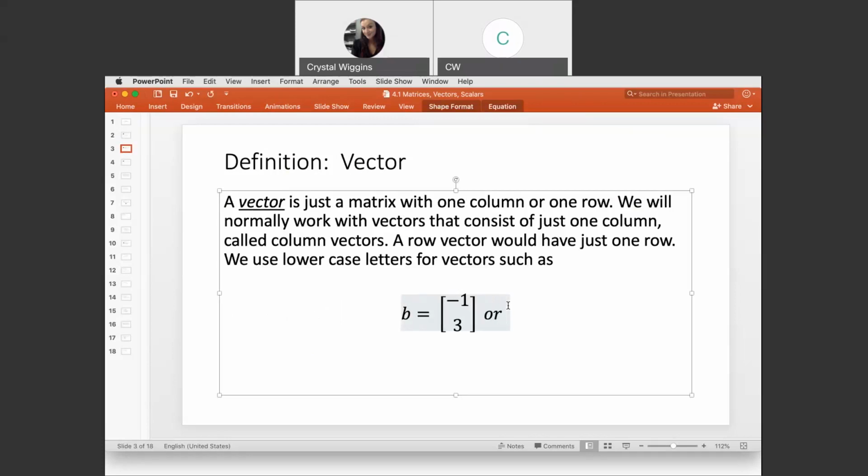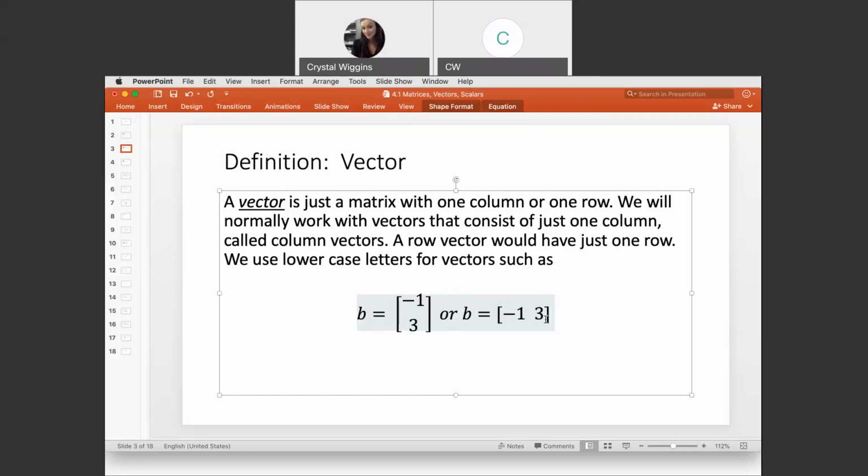Or b is equal to -1. We don't usually use commas when we are talking about vectors. It's more spacing. So this is a vector. This is a column vector because everything's in one column. This is considered a row vector because everything's in one row.